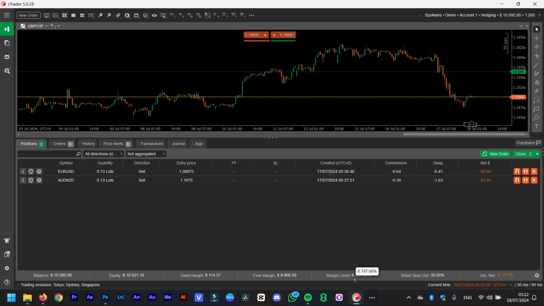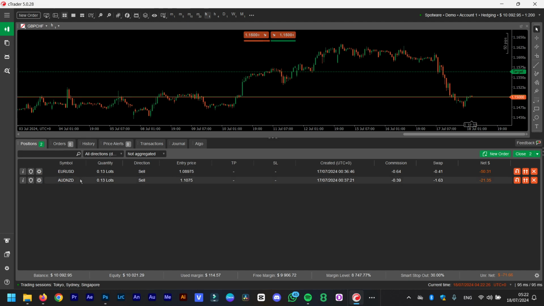And look at how much margin I have available. I went from 1,000% to almost 9,000% worth of margin, just because of the freaking swaps.